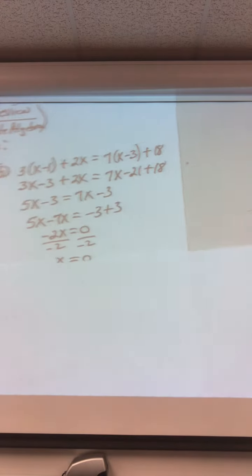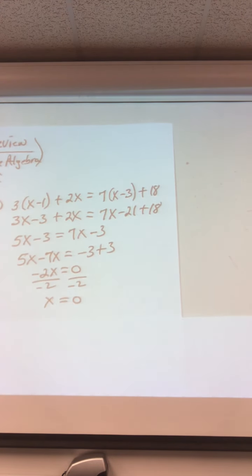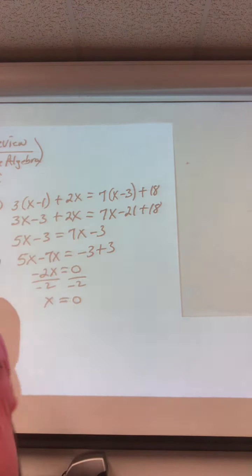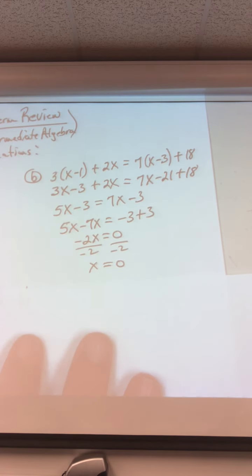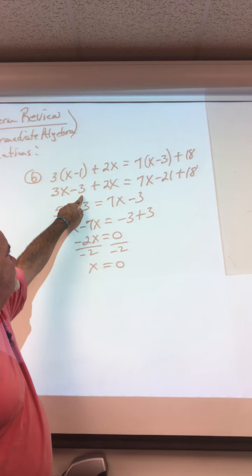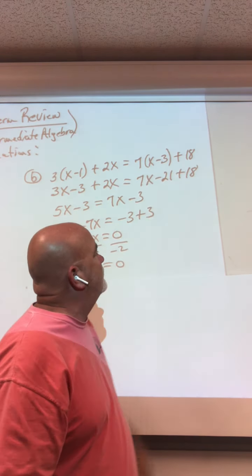Okay? This next one. Yeah, okay. On part B, start out with the 3 in front of the x, distribute. 3x minus 3, bring down the plus 2x, 7x minus 21.